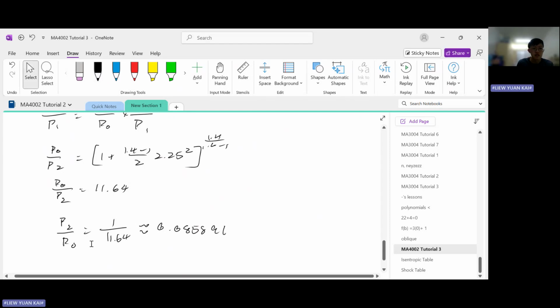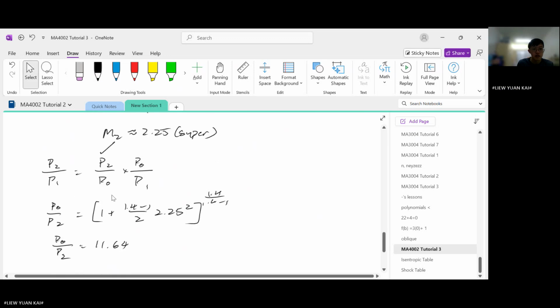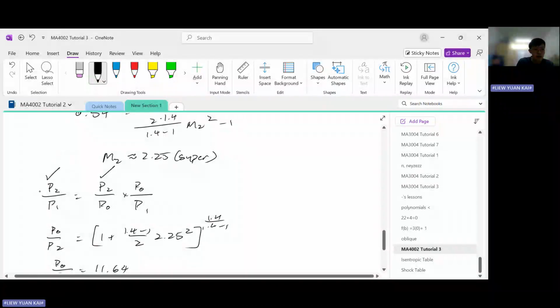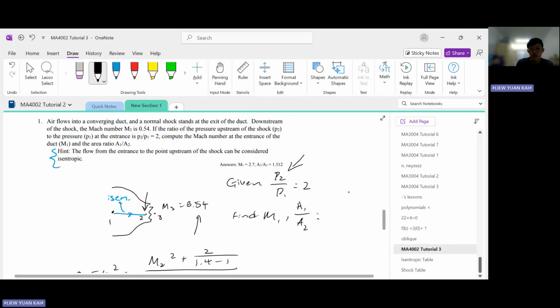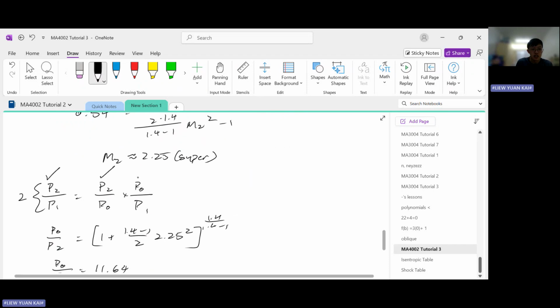So you see, we managed to find this. And we are given this, right? Remember, we are given this pressure ratio to be 2. That's given in the question. So that means we are able to calculate this unknown.